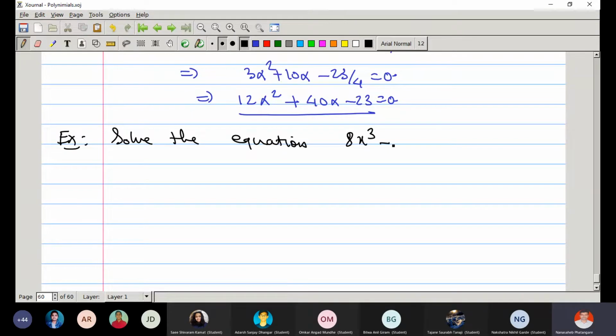8x cube minus 36x square plus 46x minus 15 is equal to 0.